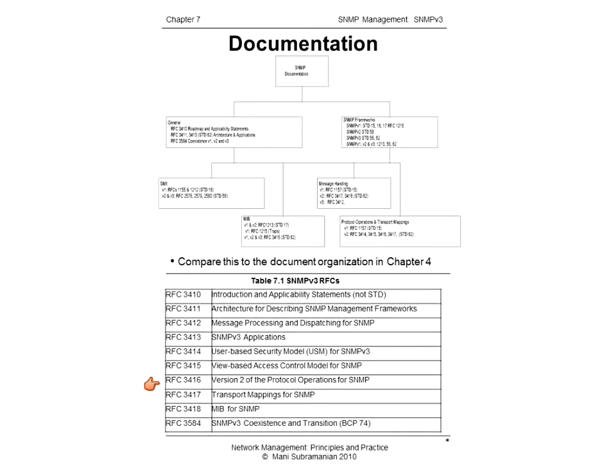Then we have RFC 3416. It defines version 2 syntax and procedures for sending, receiving, and processing of SNMP PDUs, that is packet data units. Next, RFC 3417 defines the transport of SNMP messages over various protocols.